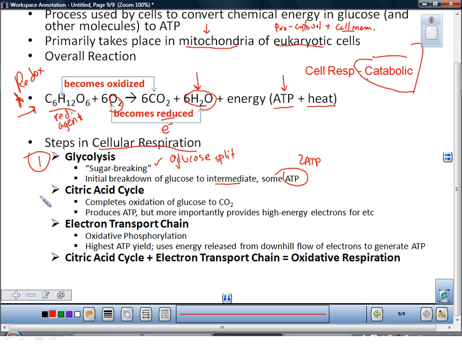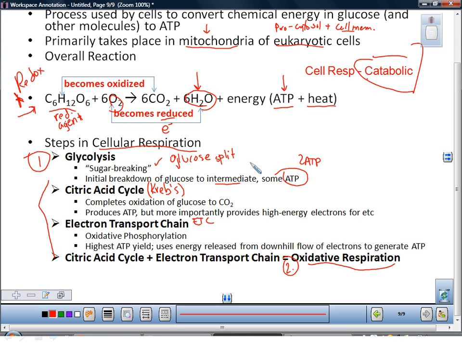Step 2, I'm actually going to go down here and show you. The name is right here. It's called oxidative respiration, but it encompasses these 2 steps right in here, which are the citric acid cycle, known as Krebs because of the guy who discovered this, Hans Krebs, also known as the Krebs cycle, as well as the electron transport chain, which is abbreviated ETC. So step 1 is going to be glycolysis, where glucose will be split.